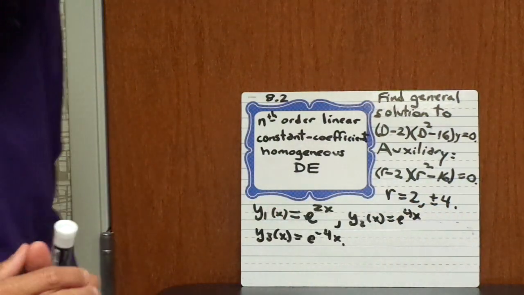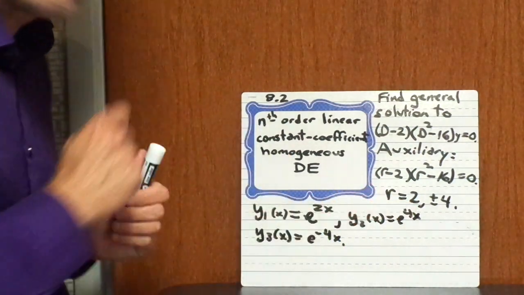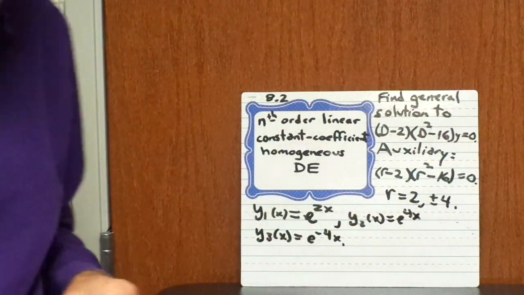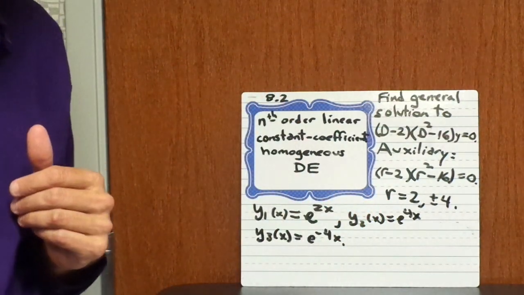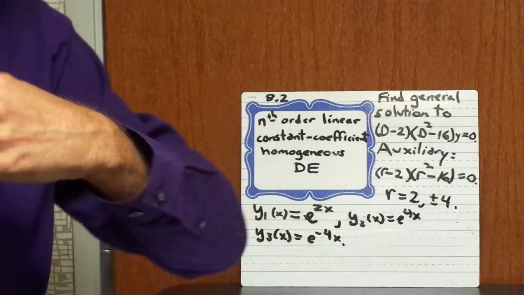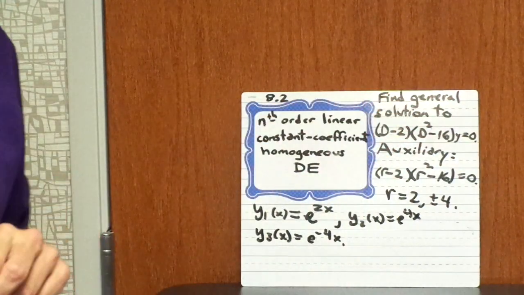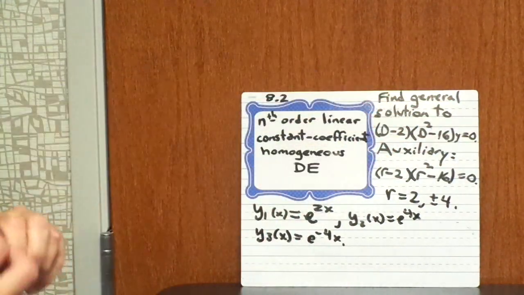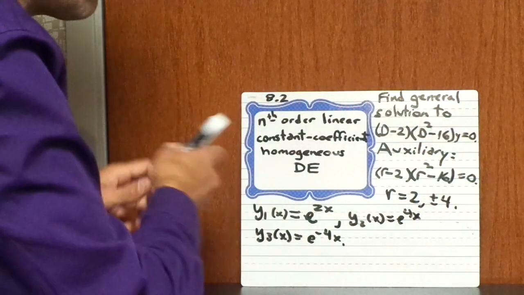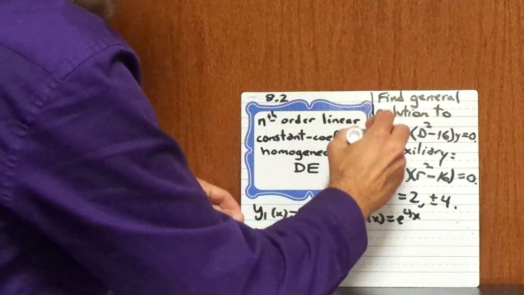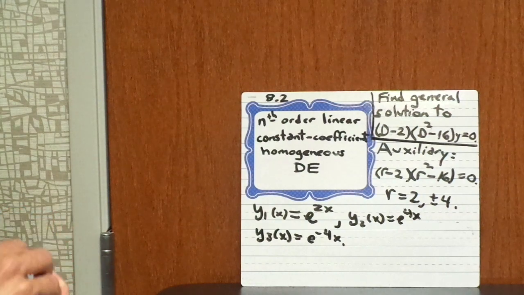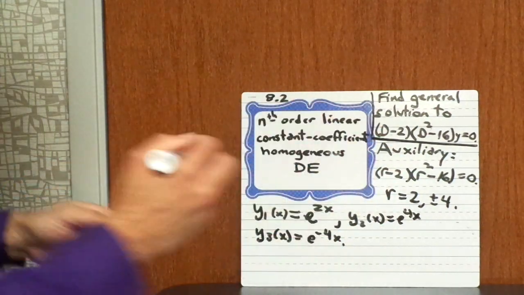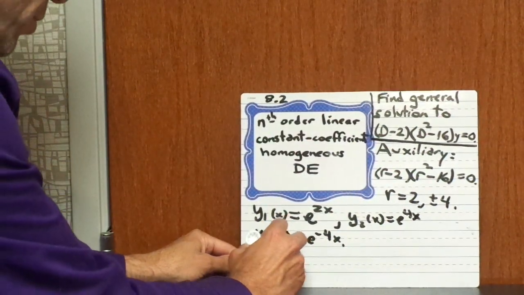If you believe me that these 3 solutions are linearly independent, then they must be a basis for our solution set. And if they're a basis, then we can write down the general solution to our equation. This is what the problem is asking. Find the general solution to this equation right up here. And I claim that we can do that at this point because we have 3 linearly independent solutions. So what's the general solution?